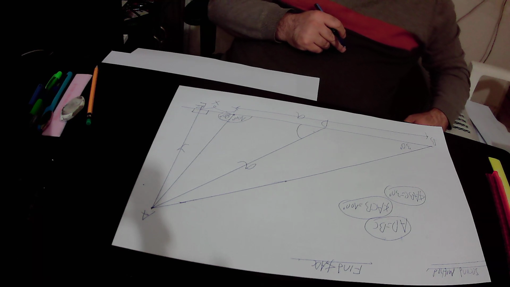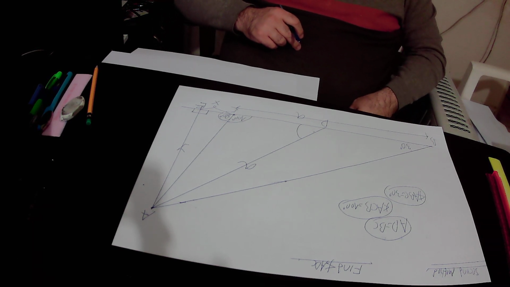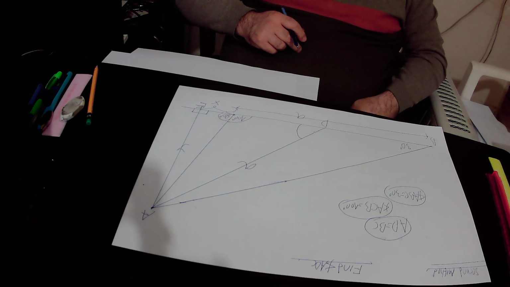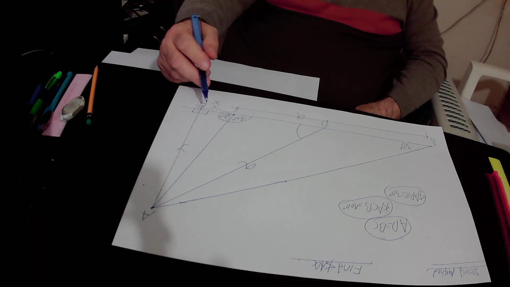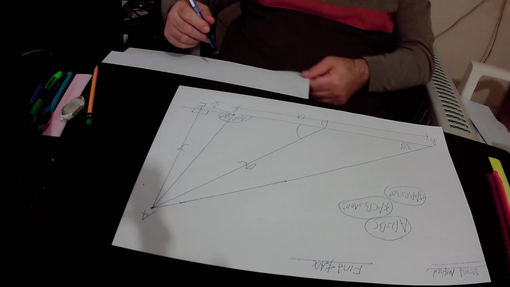In the next step, we will focus on the right triangle, triangle ACE. This is the small right triangle, triangle ACE.